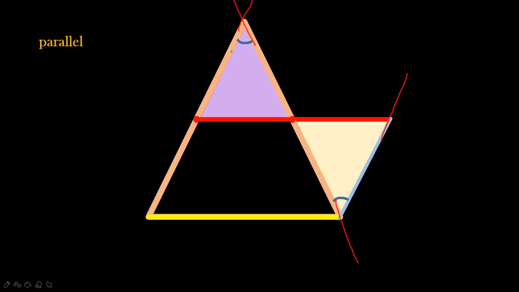Then this angle is equal to this angle because they are vertically opposite angles, and this side is equal to this side. Why? Because we took this point as a midpoint. So therefore this side has to be equal to this side.